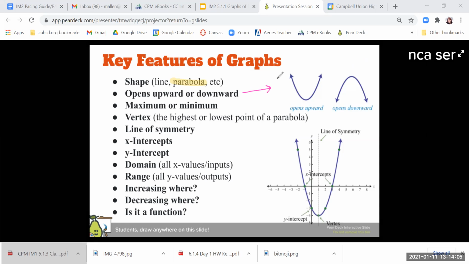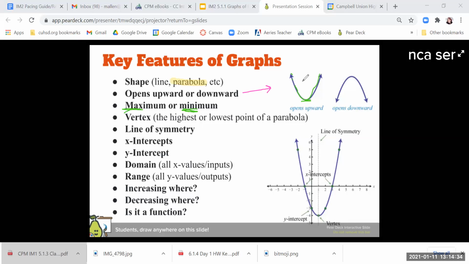So each parabola has a maximum or a minimum point. And by that, I mean a high point for a maximum or a lowest point for a minimum. And so in our open upward parabola, do you see how if you're on the curve and you're just tracing the curve, you trace it, trace it, you hit a lowest point and then you keep going and it's back up.